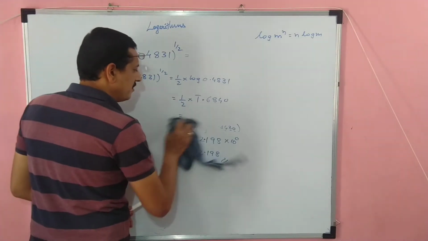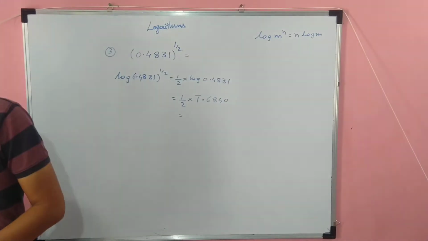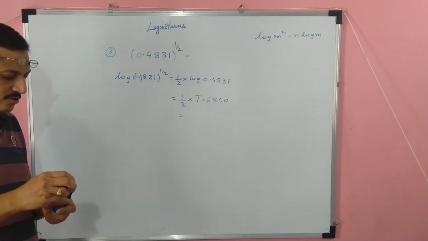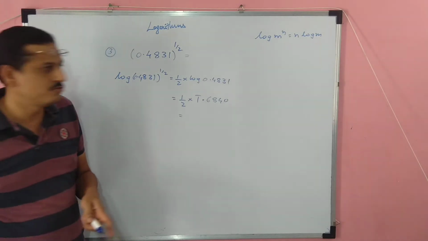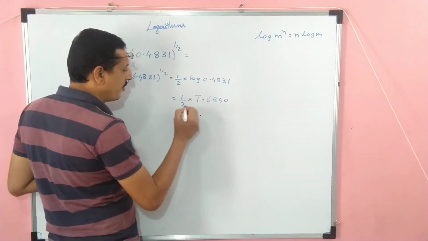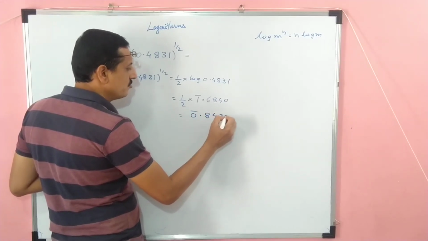Now the next step, you will say, sir, we already know the next step: we have to divide it by 2. Let's check what happens if I divide this by 2. So if I divide, then it is bar 0.2 8s are 16, 2 4s are 8, 2 2s are 4.